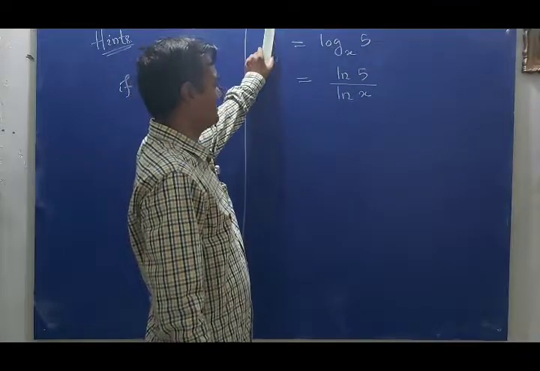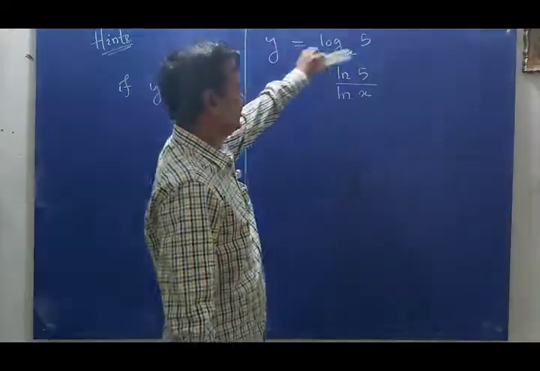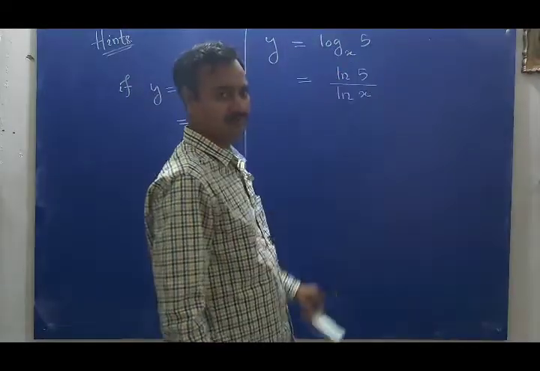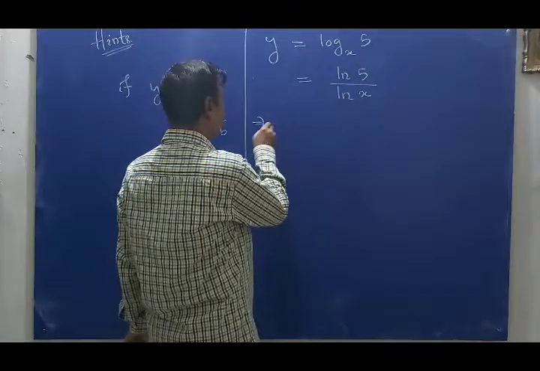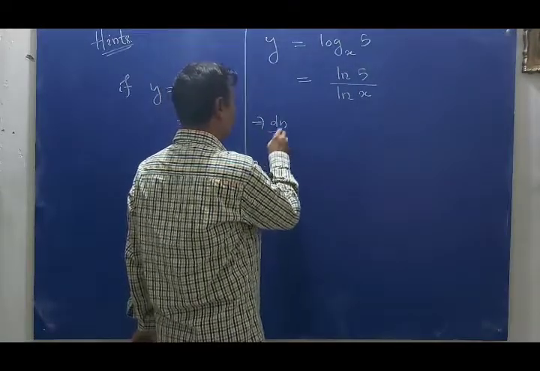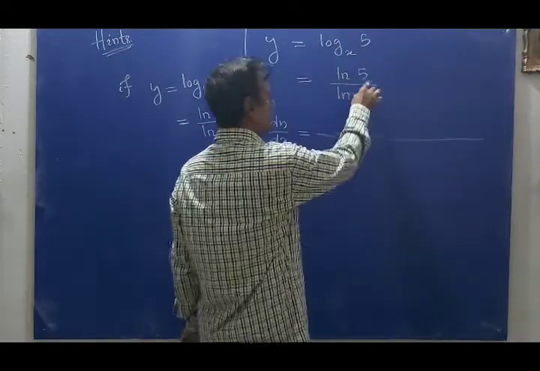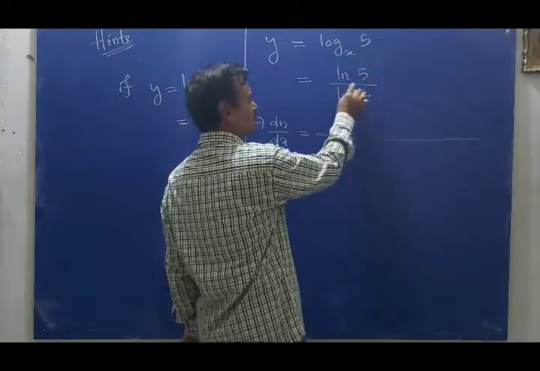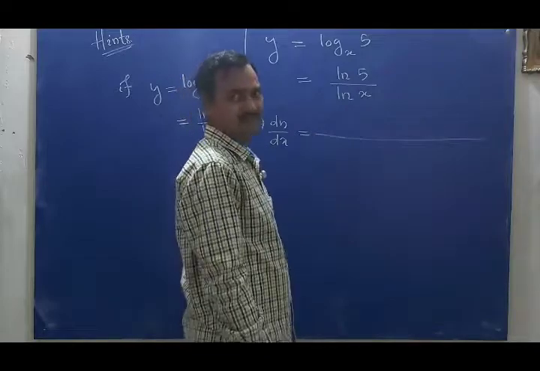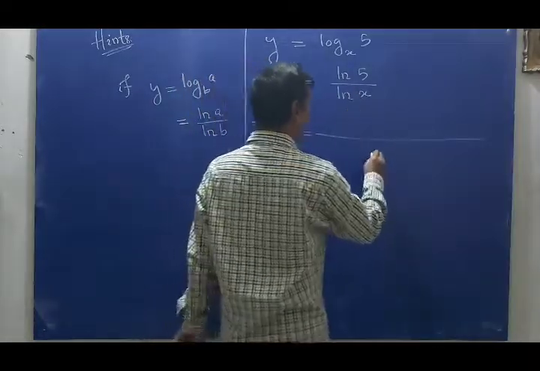So y is equal to which form? U by v form. So dy by dx: this is u and this is v. So what is the formula?